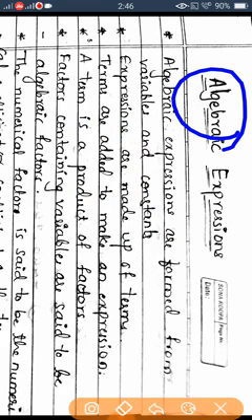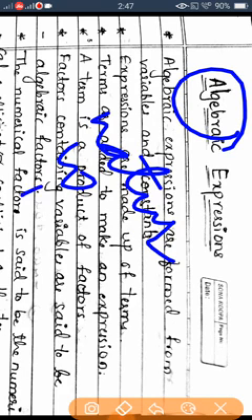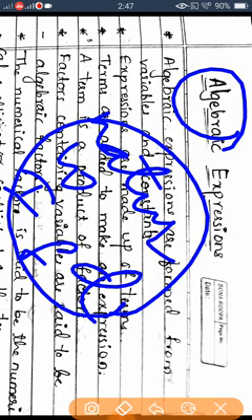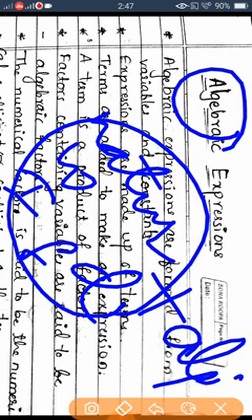In the number system, you have studied different types of numbers: natural numbers, whole numbers, integers, fractions, and decimals. Together with these numbers, we are now including alphabets as expressions. Those are called algebraic expressions.